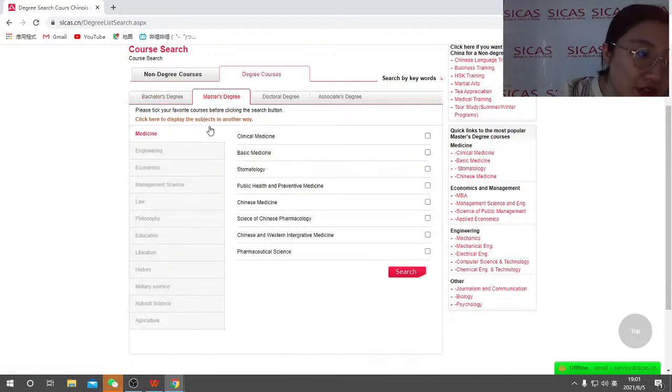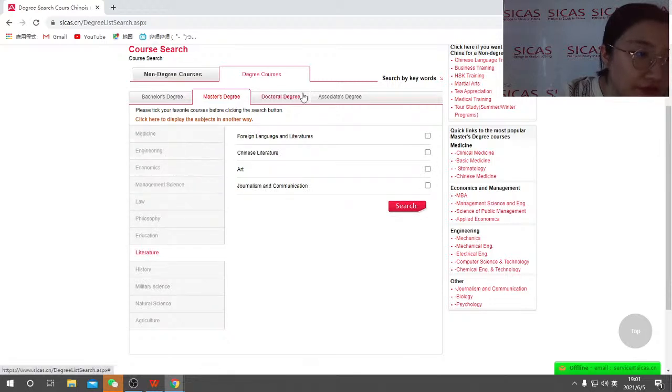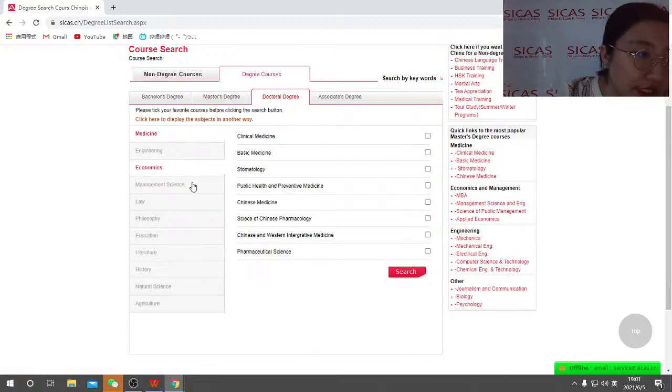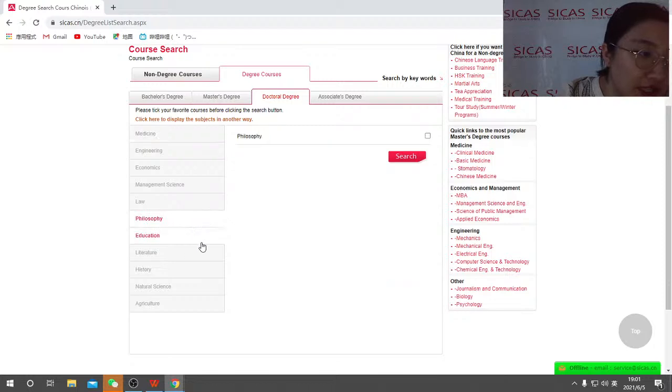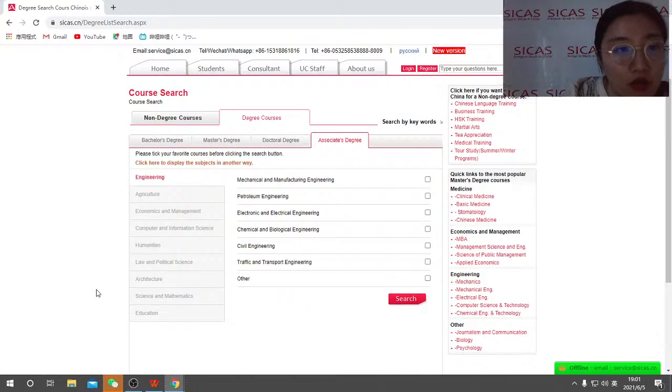For a master degree, there's more. We also have military science, philosophy, literature, and for doctoral degree, we have philosophy, agriculture as well. And for associate degree, it's pretty straightforward as well.